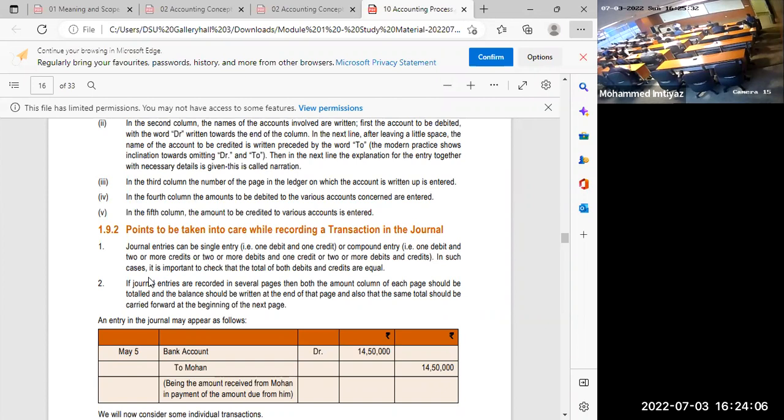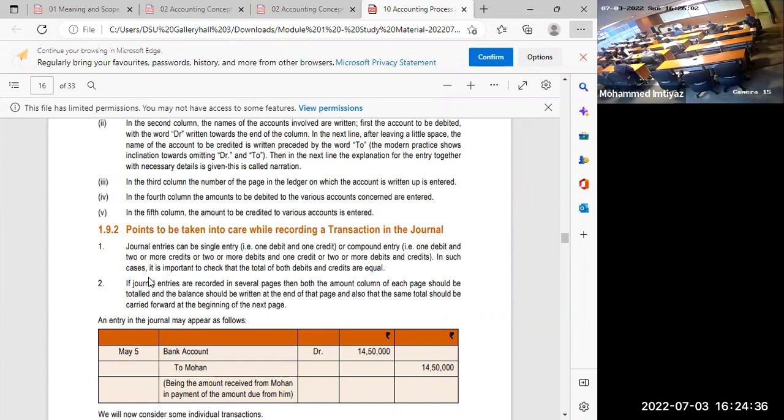Whenever you receive money in the company's bank account, you debit the bank account in your books. Whenever money goes out from your company's bank account, credit the bank. Simple logic. Bank balance increases, debit bank account. Bank balance reduces, credit bank account.